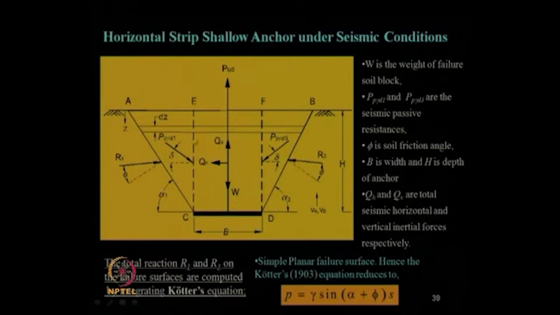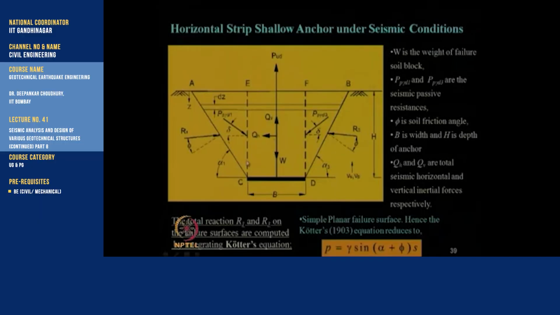Now, these two zones are different, because at one instant of acceleration direction, obviously one side will be a larger zone and the other side will be a smaller zone of failure, right. It will not be symmetrically equal, as is the case under static conditions. That is why the static loading solution is comparatively simpler than the seismic loading condition.